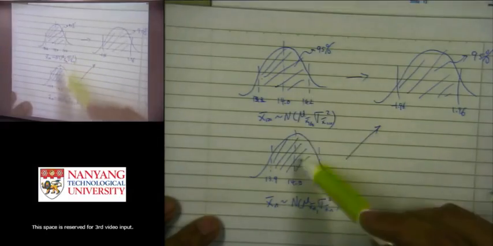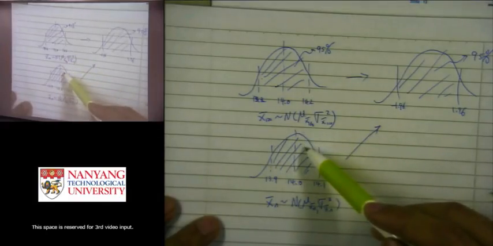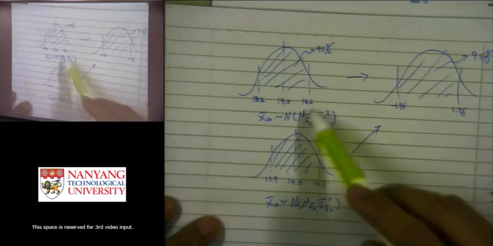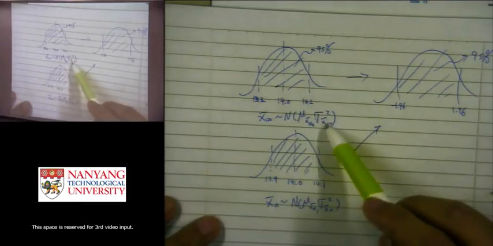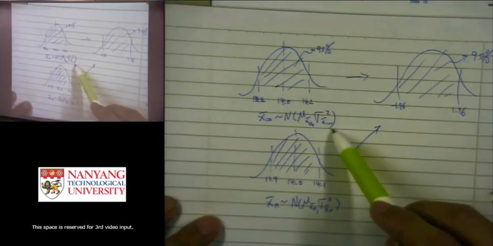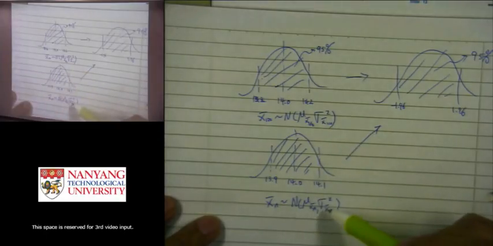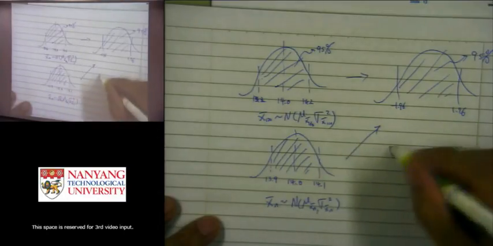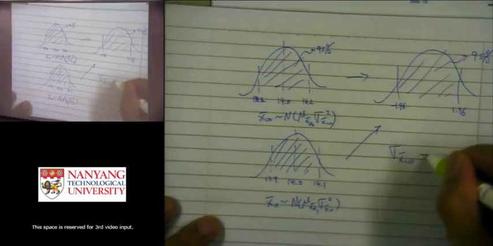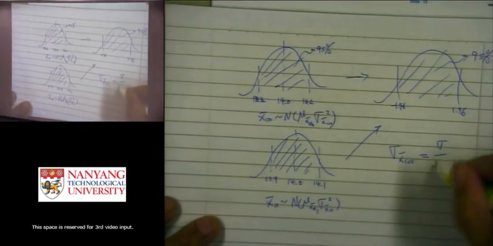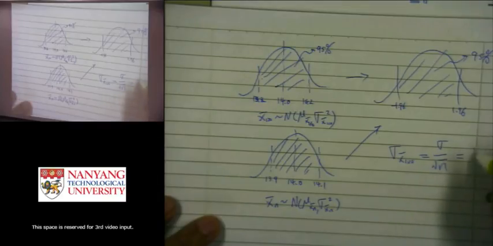Sounds something weird, right? The reason is, in this distribution we get sigma X bar 100. In this one, the distribution is sigma X bar n. This sigma X bar 100 equals sigma divided by square root of n, and this time the value of n is 100, right?